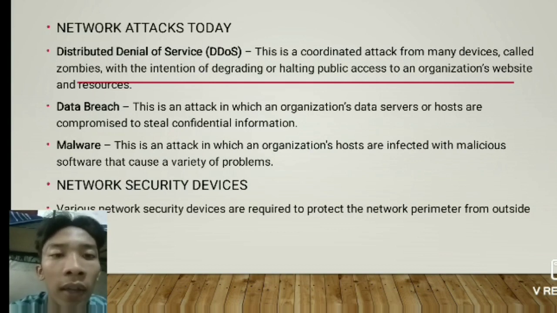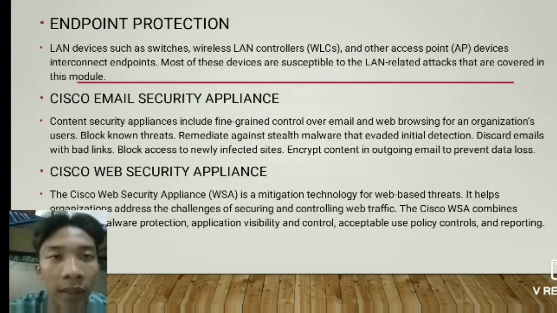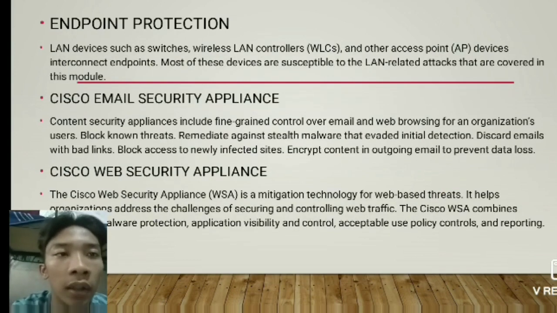Network security devices. In this, network devices are required to protect the network perimeter from the outside. The endpoint protection covers the LAN devices, switches, and wireless LAN controllers or WLC, from the AP, which is the access point, internet-connected devices.